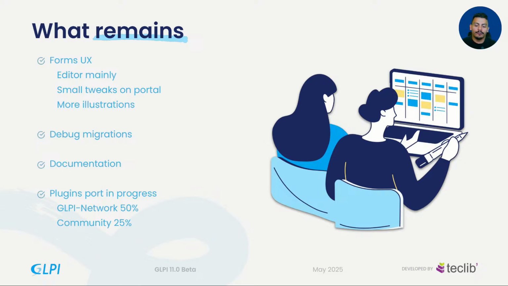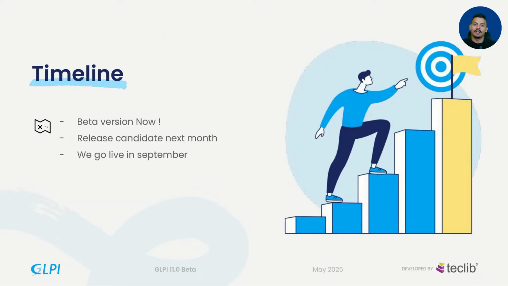And for the community plugins that we maintain, 25% of them are already ready for GLPI 11. But this is a work in progress, and we hope to have it soon at 100%.